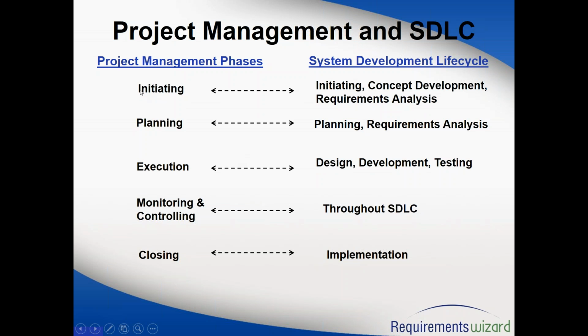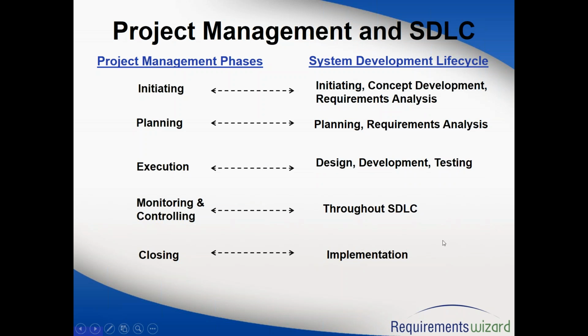The initiation phase is where you are building your concept development and requirements analysis. In the planning, you are doing your project planning and also your requirements analysis. In the execution, you are designing, developing, and testing the system. The monitoring and controlling is done throughout the project.